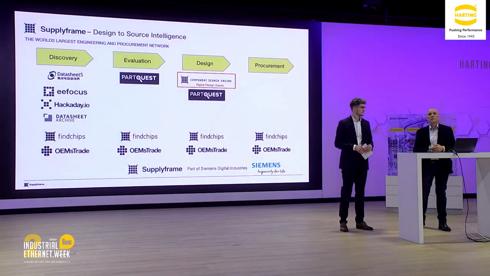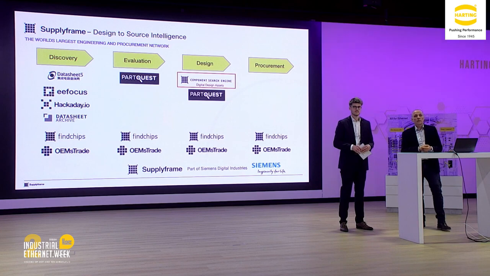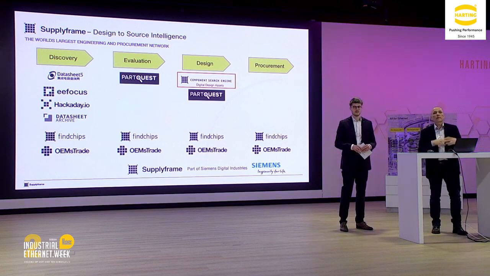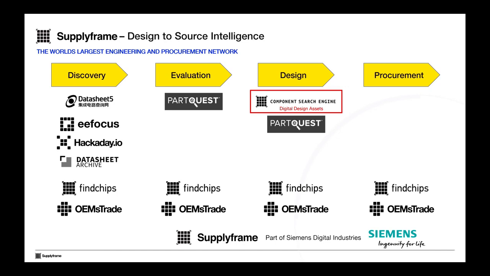Supplyframe is part of Siemens Digital Industries. We have a load of solutions for the evaluation of components, simulation capabilities, and so on. And then what we want to talk about today, where we have been working very closely with HARTING, is the availability of digital design assets.